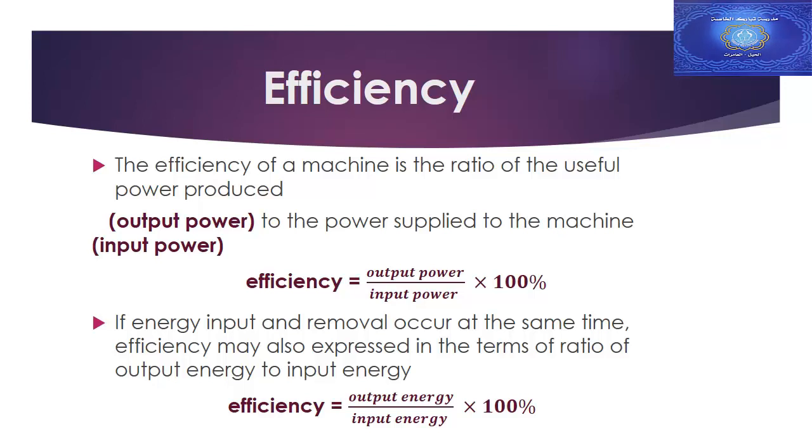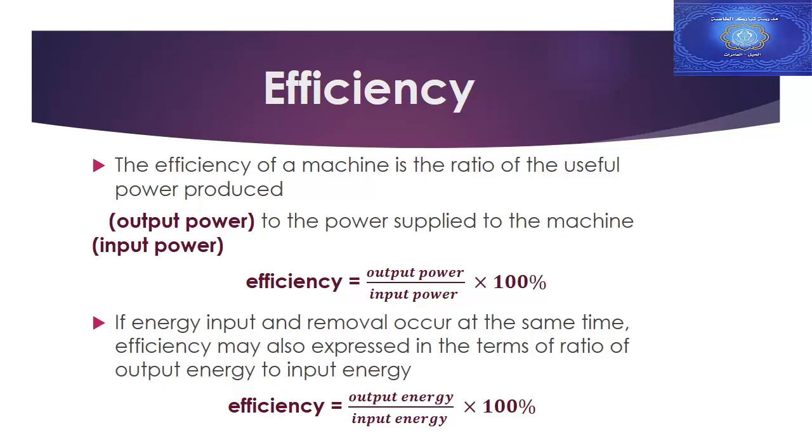The efficiency of an engine is calculated by useful energy output divided by total energy input. The efficiency of a machine is a ratio of the useful power produced, or power output, to the power supplied to the machine, which is input power. So efficiency equals output power divided by input power times 100%.